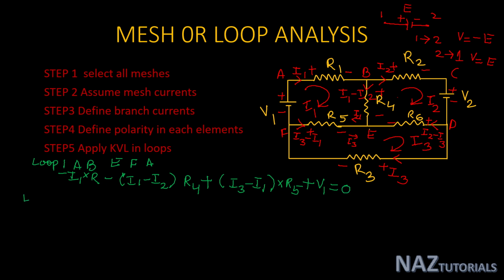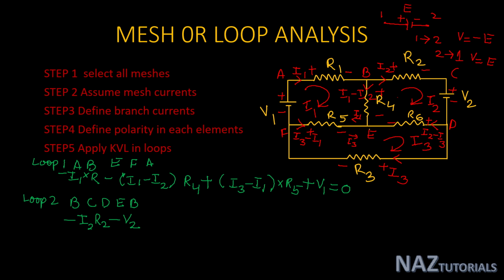Okay. Now loop 2. If we come to loop 2, it is B, C, D, E, B. Write the KVL equation from path B to C. There is a fall in voltage and the current is I2, that is minus I2 into R2. The next element is V2, there is a fall in voltage, that is minus V2.